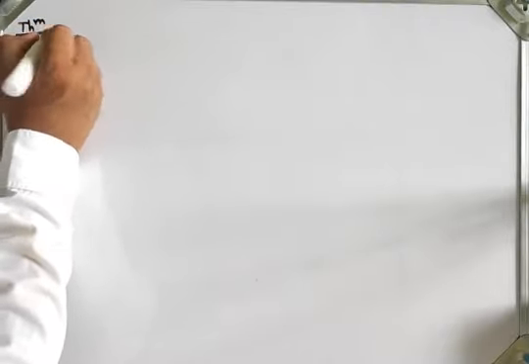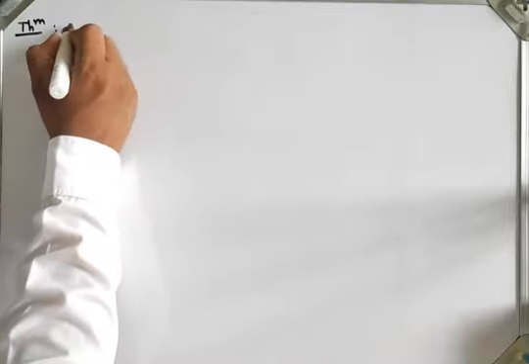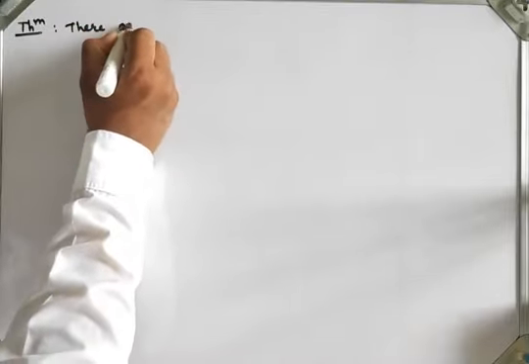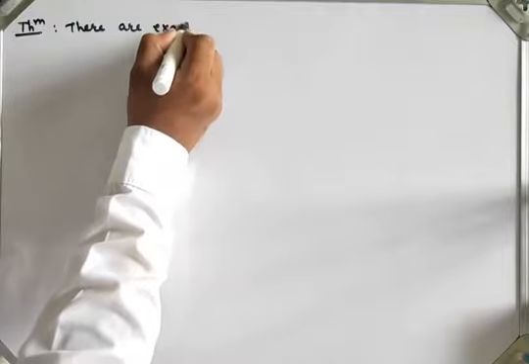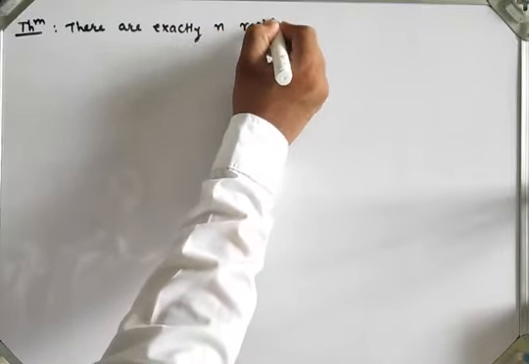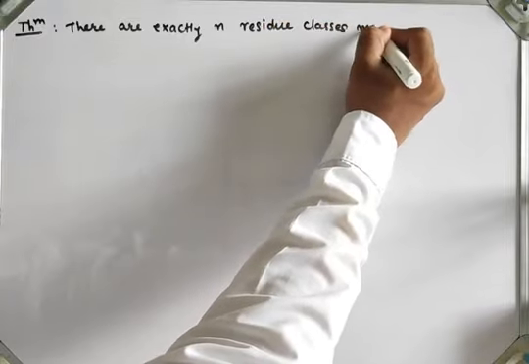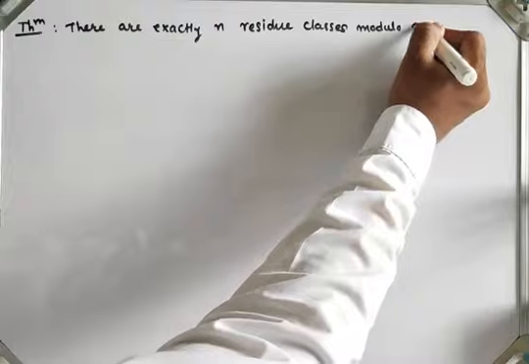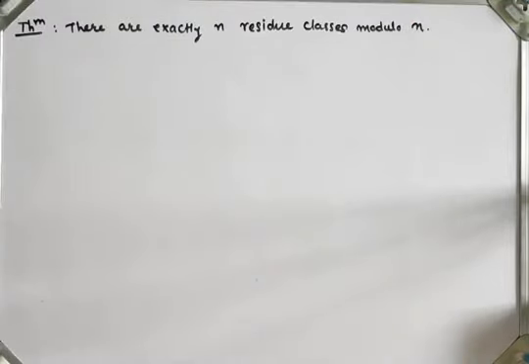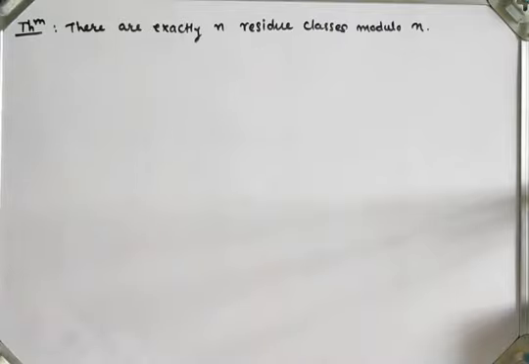Theorem: there are exactly n residue classes modulo n. So if we have n elements, there are a total of n residue classes modulo n.